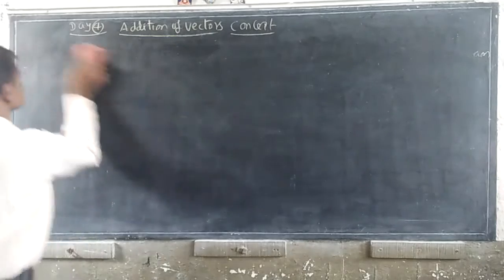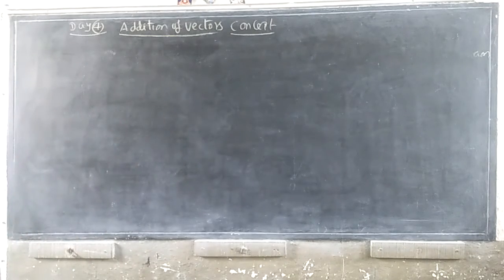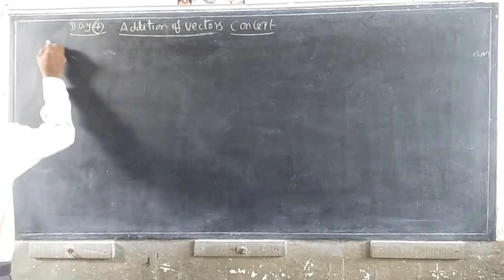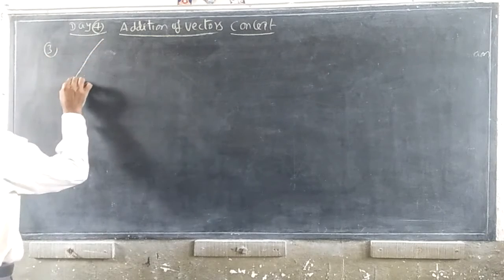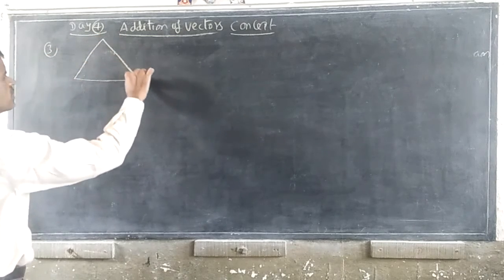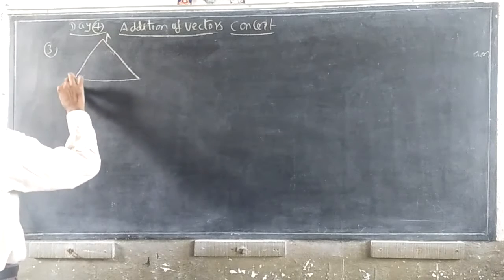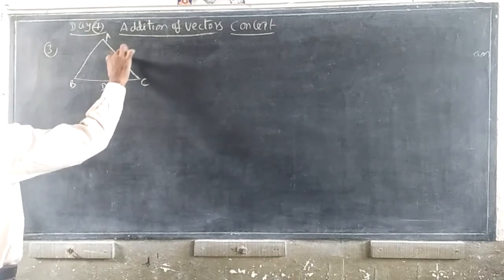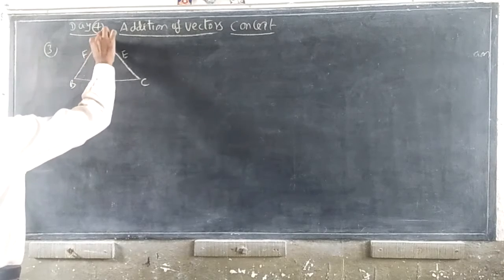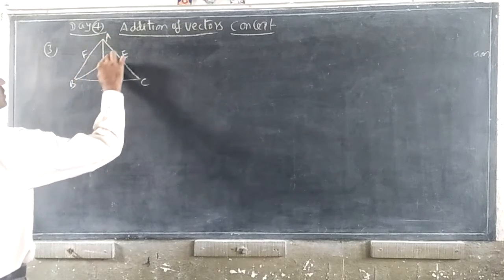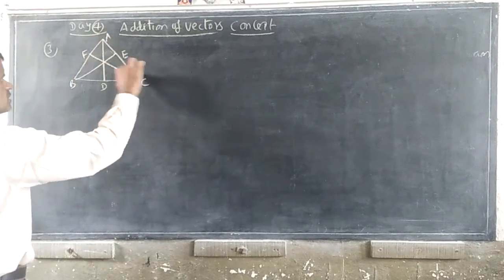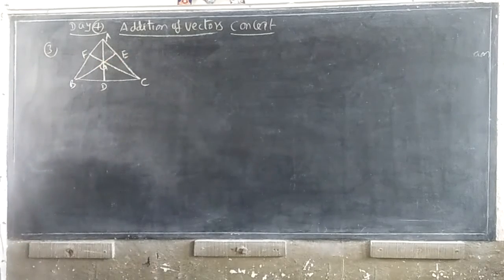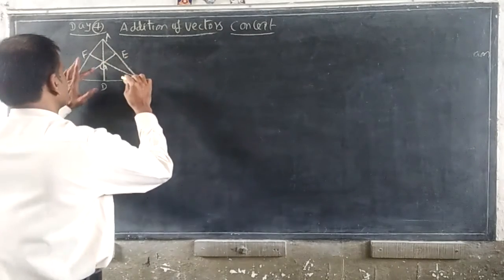Now, about centroid, let us know. Midpoint concept we have already discussed. This is the centroid concept. Triangle ABC, if this is D, this is E, this is F. G is the centroid.